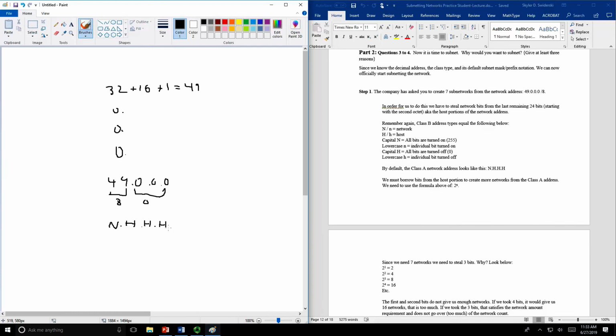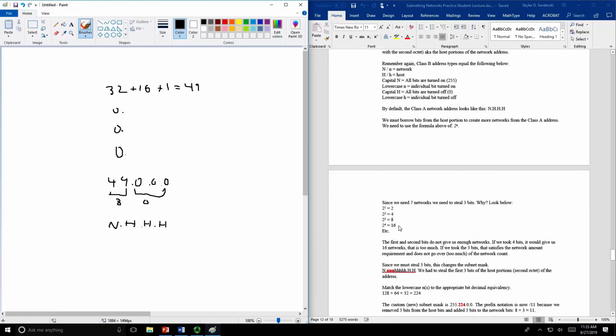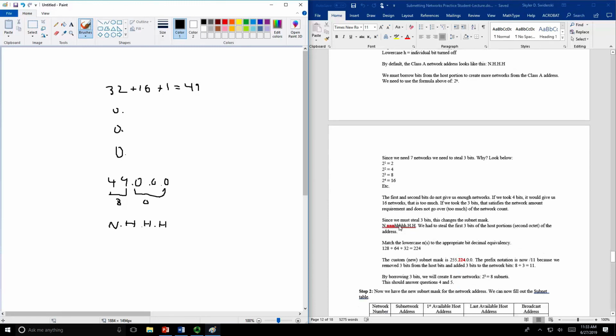So now we can begin the subnetting part. We need to know how many bits we need to steal to get at least 7 subnetworks. Hopefully not more. Ideally, we want to get the exact amount, but that's not always the case, as we've seen. In this case, the closest was 2 to the 3, which was 8. Anything lower doesn't meet the minimum requirement, and anything more gives us way too many networks.